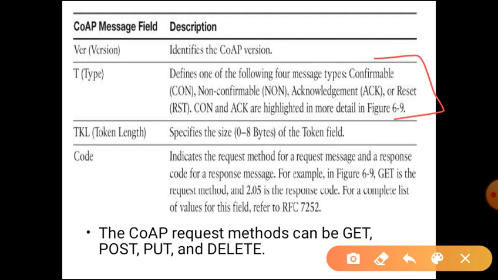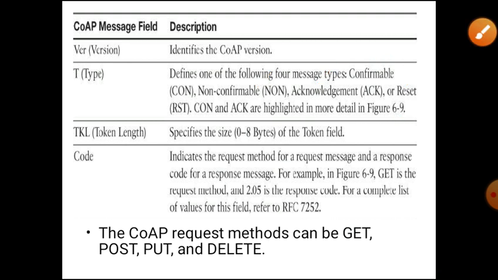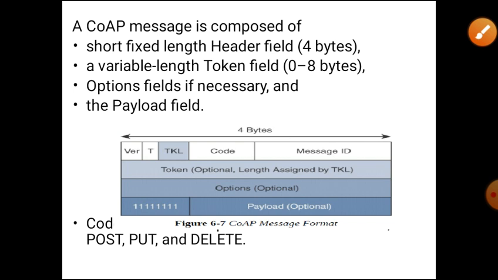Confirmable message means if a client sends this confirmable message, then it expects an acknowledgement message. Non-confirmable message means it doesn't expect an acknowledgement message. Reset message is used to reject the received message in case it is not able to process it. These are the different types of the message.